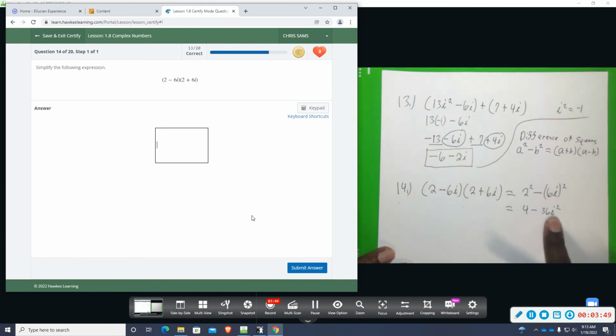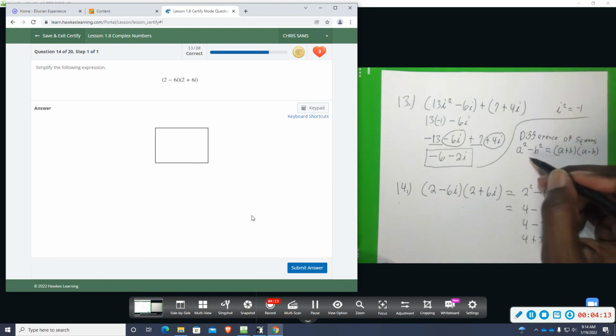Remember, i squared is negative 1, so this is 4 minus 36 times negative 1. When I multiply a negative times a negative, this will become positive, so this is now 4 plus 36, and that will give us 40. So our final answer will be 40.